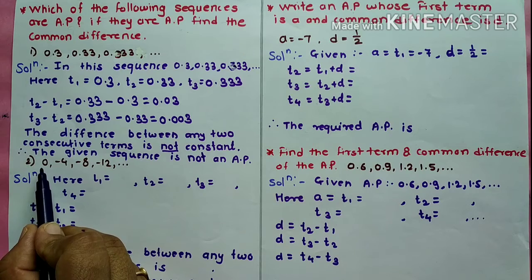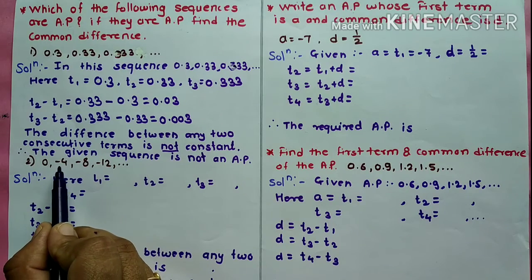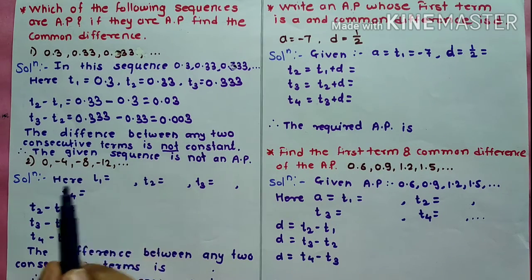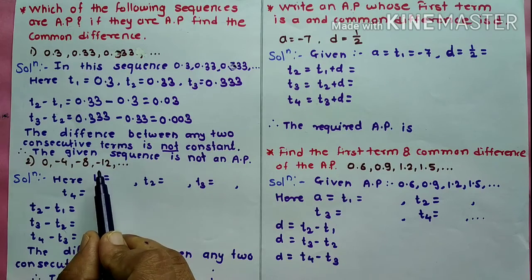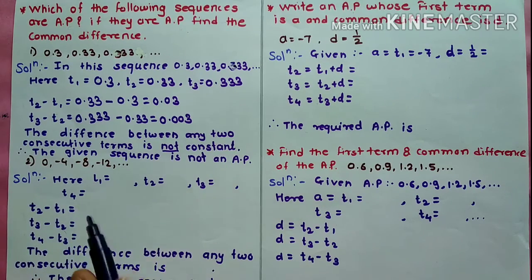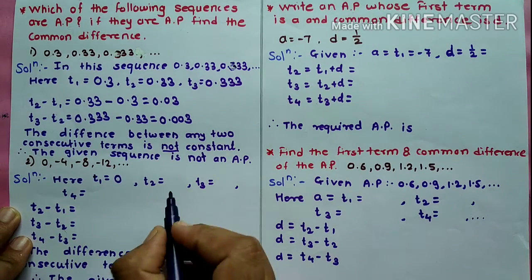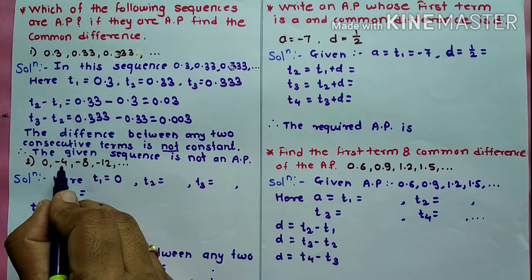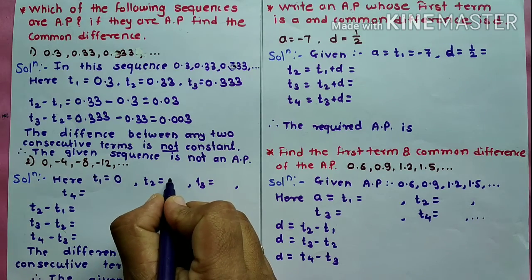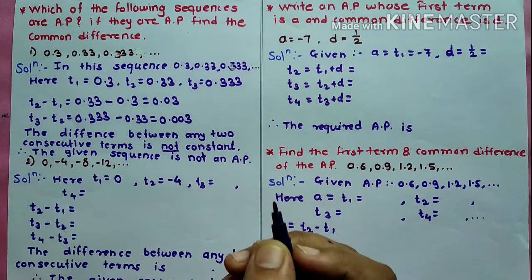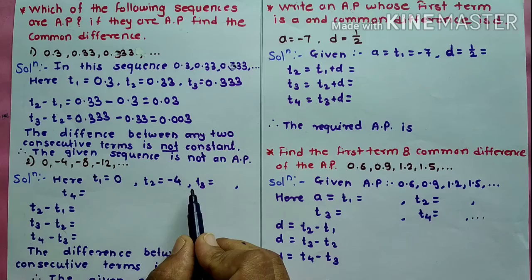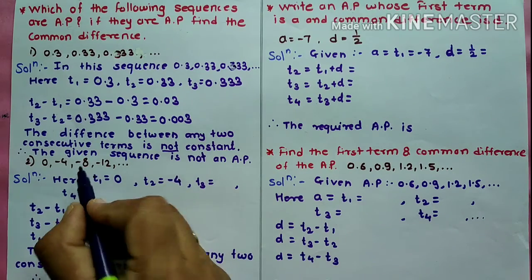Now see the second example. Here the sequence is 0, -4, -8, -12. T1 means the first term, T1 is 0. T2 means the second term, therefore T2 is -4. T3 means the third term, therefore T3 is -8.